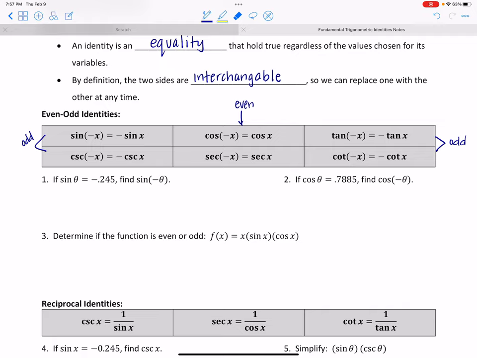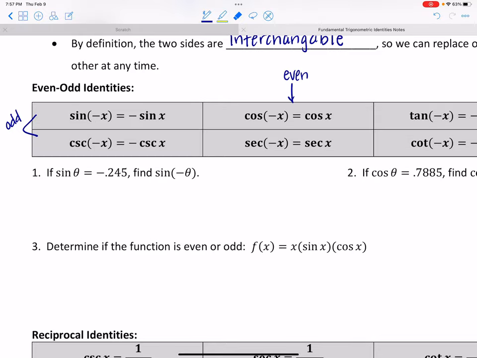Okay? So knowing this, we can solve something like number 1. It says if the sine of theta is -0.245, we should be able to find the sine of negative theta with no work, just using an identity. Since this is an odd function, replacing our input with a negative makes the output negative.